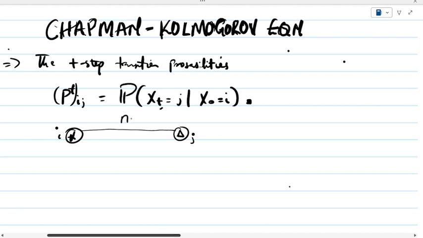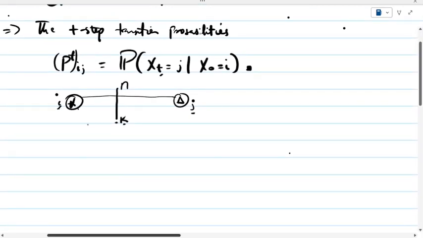I have n steps, but however I can partition it into two, and say from here to here I have k. So from my current state to the point I partition it is k, then from my partition state to where I'm going, that will be j. Is that taken? Alright, so let's see how we can derive this equation.